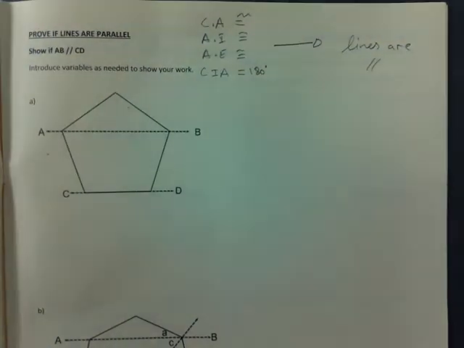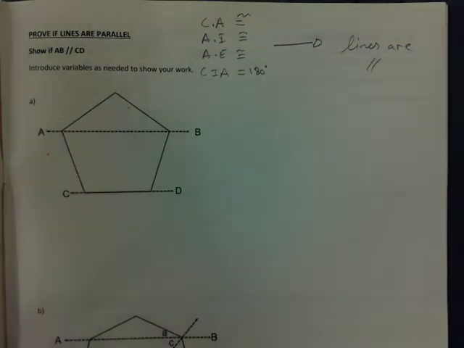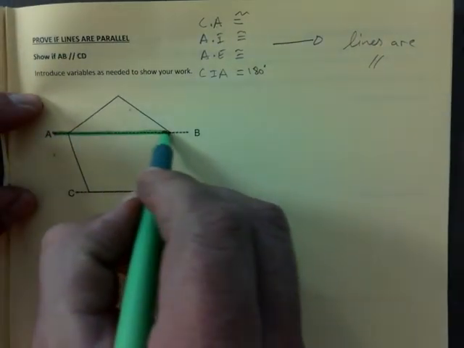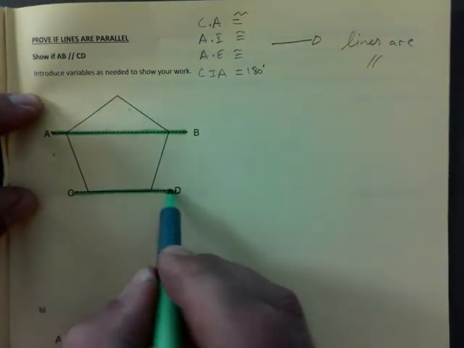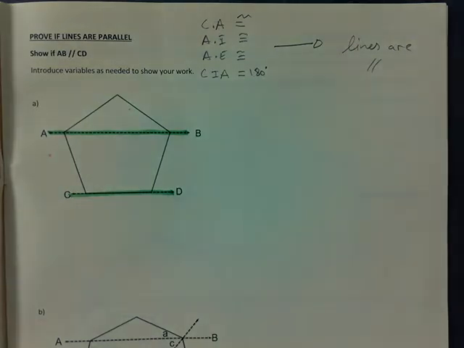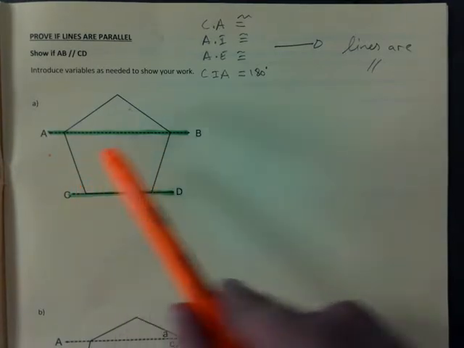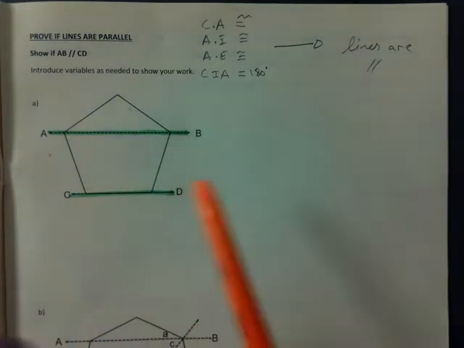Okay, so let's highlight the lines that we're trying to see if they are parallel. They look parallel, but you need to mathematically show this. And right now there are two transversals, so pick one that you want to go with.